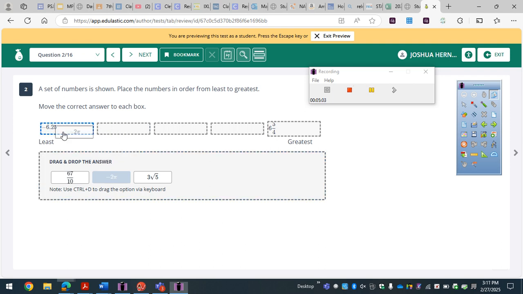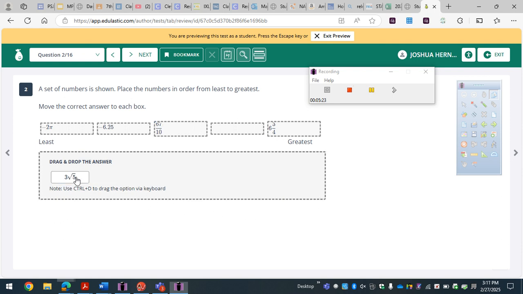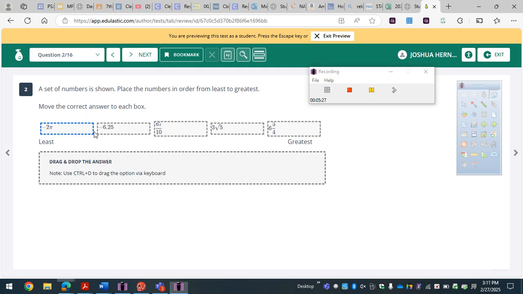The moral of the story is put the decimals where they go, negatives where they go. I messed up here, but just by memory here, it was going to be this one, and then this one. So that one's 6.28, and then this one is 6.25. This one reaches further to the left, so that's that one right there. Sorry about that mess up.